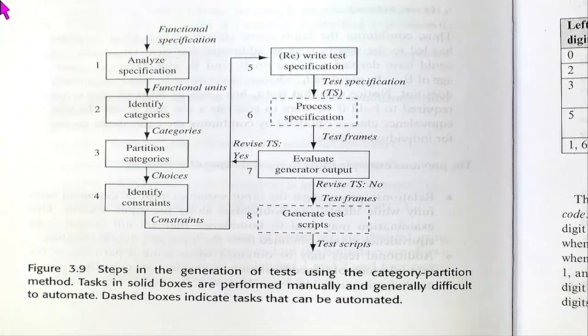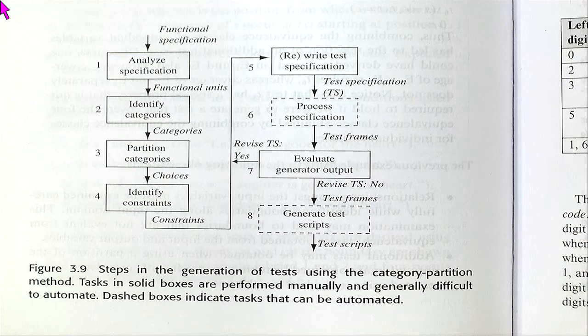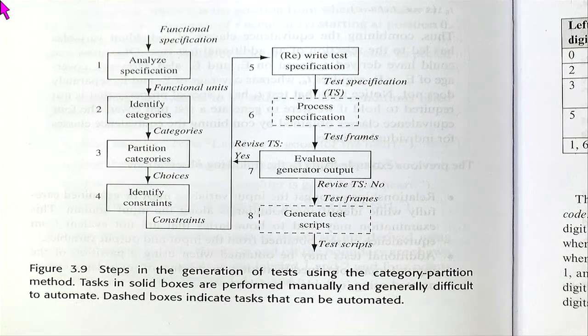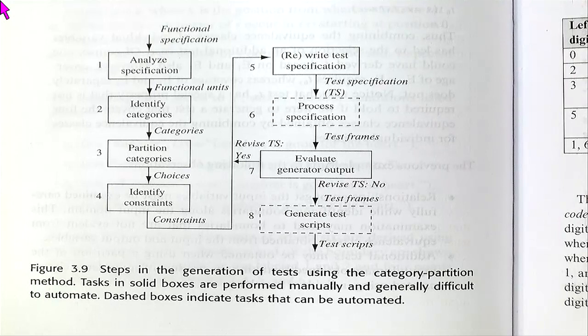So on your monitor, what you should be able to see is a diagram which shows this category partitioning method. And before we get to the category partitioning method and the details of it, let's look at how it is really distributed and divided. So it's distributed and divided into 8 steps.